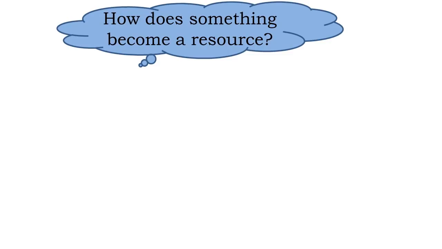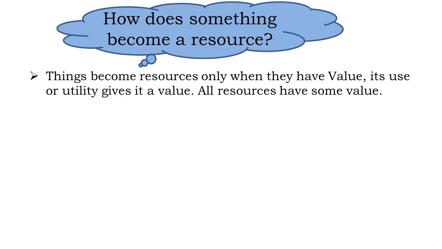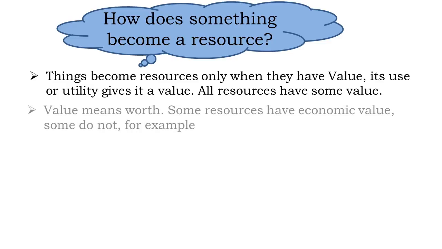Now, Raju is still a little confused and he asks, how does something become a resource? Things become resources only when they have value. Its use or utility gives it a value. And generally, all resources have some value. Value means worth.